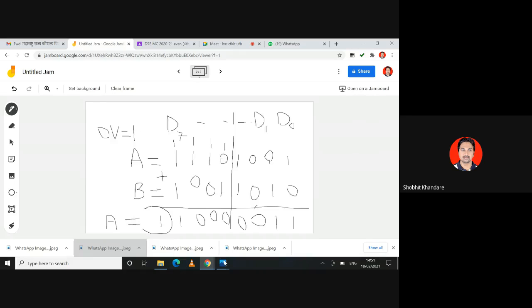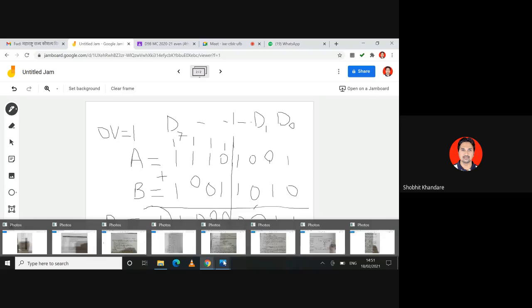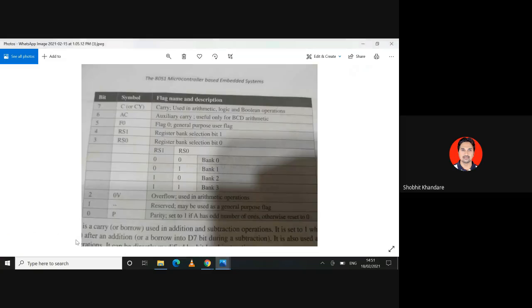We will move further to understand the next flag, and the next flag is RS0 and RS1. These two flags are important. So I can say your 3rd bit and your 4th bit are RS0 and RS1.